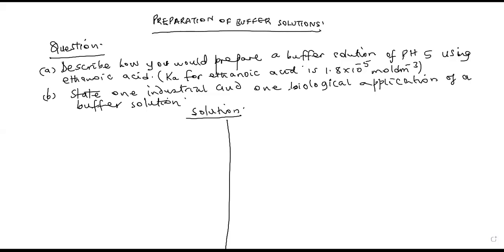This is an acidic buffer. The fact that you're having a weak acid means that for it to be a buffer, we need a salt of a strong base. Now, if they said describe how you would prepare a buffer solution of pH 5 given Ka, this is very easy, but we do not need to start describing an experiment.